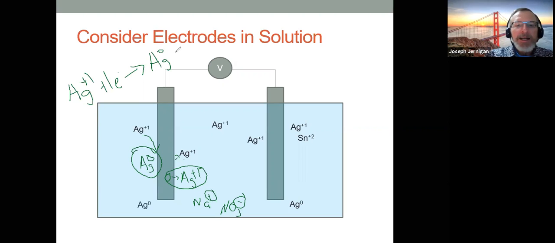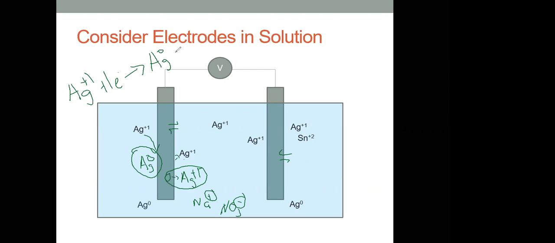So can I convince you based on that argument that we do have electron flow between that solution and that electrode? And in fact, we do have electron flow here. Does anyone disagree with that based on this discussion? No. Okay, that's clear then.